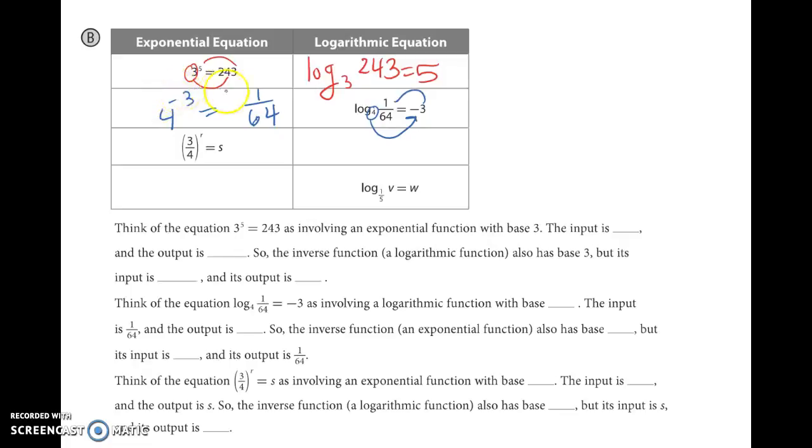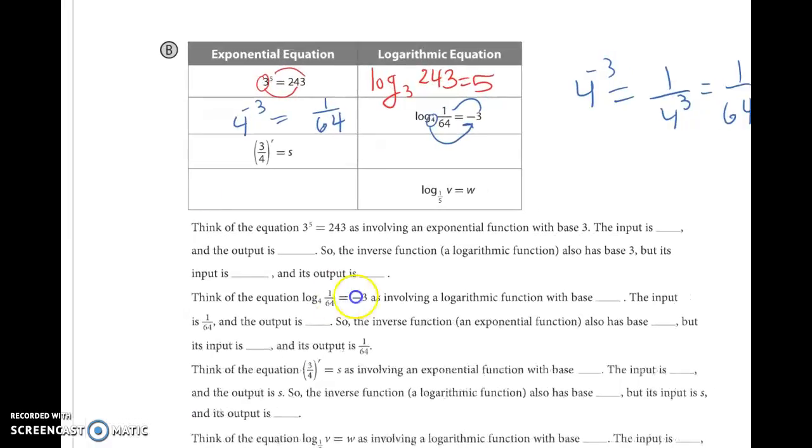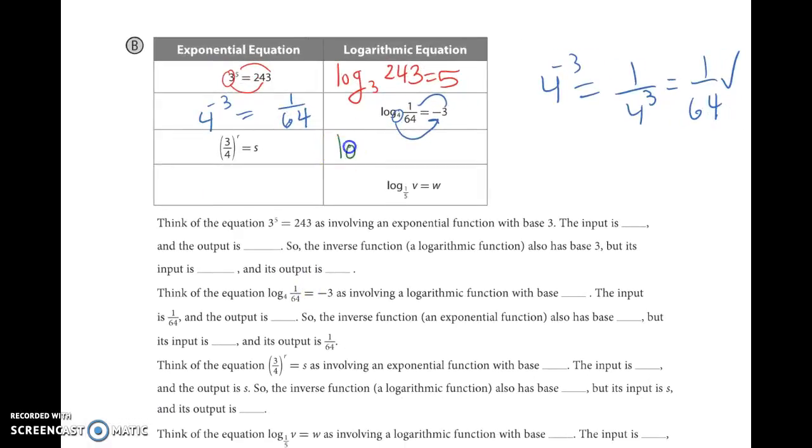And with these, you can actually think about it. Does it make sense? Well, with a negative exponent, you'd bring that to the bottom. So 4 to the negative 3 is 1 over 4 cubed. Is 1 over 4 cubed 1 over 64? It is. So you can check your work to see if what you did was correct. So this one, log base 3/4 of s equals r.